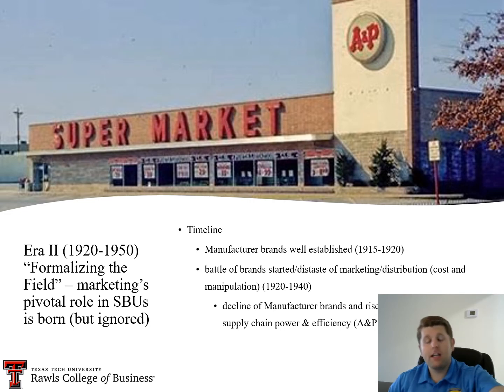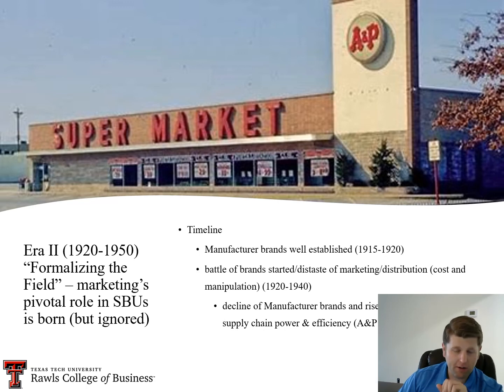The supermarket here, A&P, actually had 18,000 locations in the early 1930s. So they had a huge hold over the manufacturers who were giving them products to sell in their stores, because without A&P, those manufacturers weren't going to be able to get their product to the consumers. So it was really important at this time.